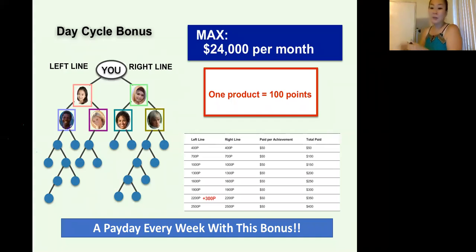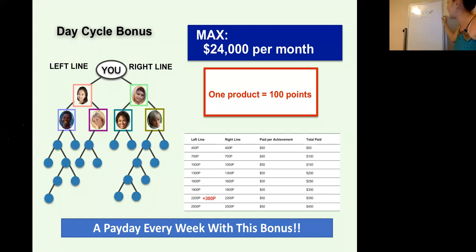So 1 full cycle is when you have 25 people buying one product for that day, or 25 products volume produced from the right side, left side for that day. 2 full cycles means 50 products are produced from the right side and left side. So this is the maximum bonus that you can get as a day cycle bonus from the company.